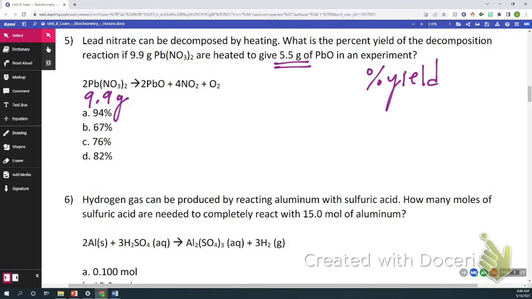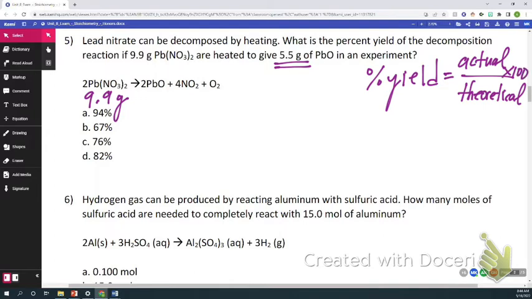Okay, percent yield is equal to the actual that you actually got in the experiment over theoretical, which is what you would get mathematically if you did the stoichiometry with a calculator. That's theoretical. Times 100. Right?